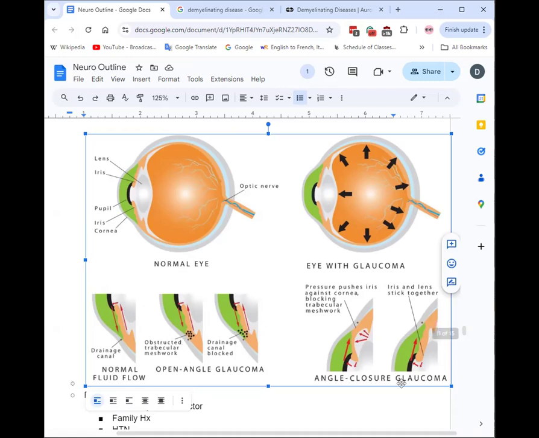But with angle closure glaucoma, instead of being obstructed by something, it's like your own eye is obstructing the drainage. The pressure of the glaucoma is causing the impaired draining. Again, extra info, you don't need to know it, but that's the quick and dirty pathophysiology.